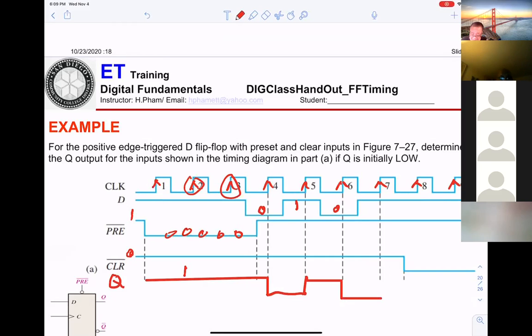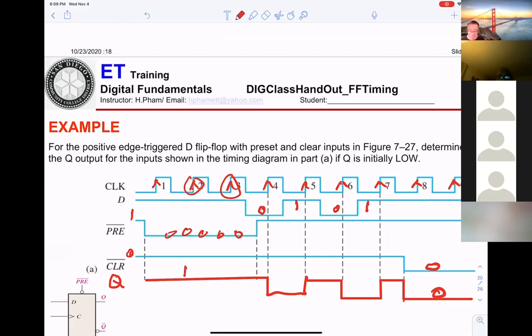And the next one, D equal 1. Q equal 1. Okay? And they're supposed to be 1 up to number 8. However, clear now goes 0. So they just go up to 1 up here. Okay? And they must go down to 0. That's how it looks like.